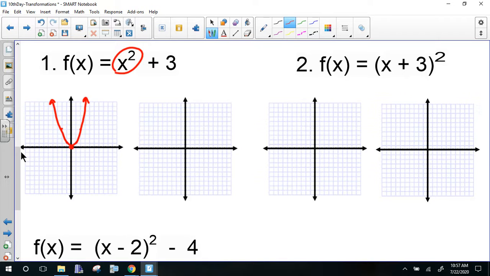That's x squared. Now, this is telling me to move it up 3. So if I take this graph and move it up 3, all these points are going to move up 3.